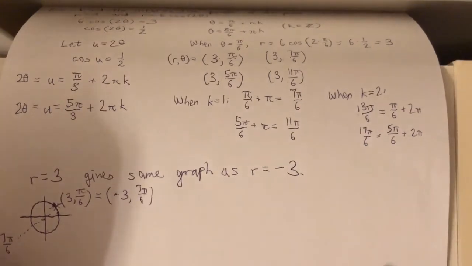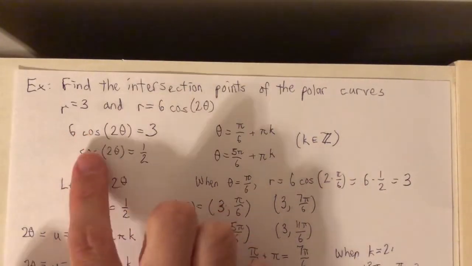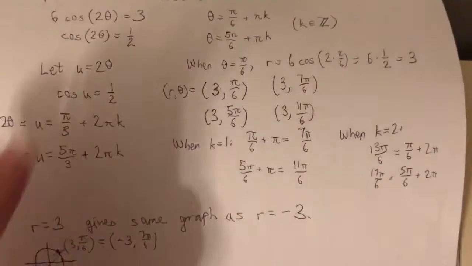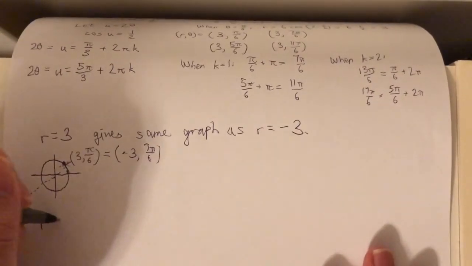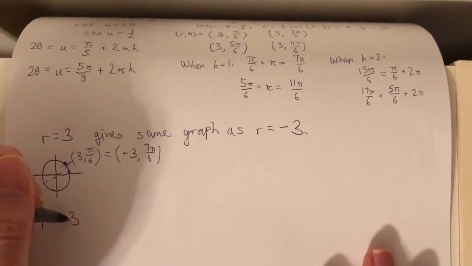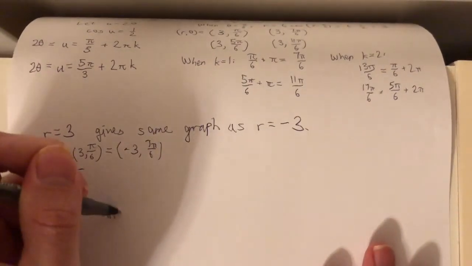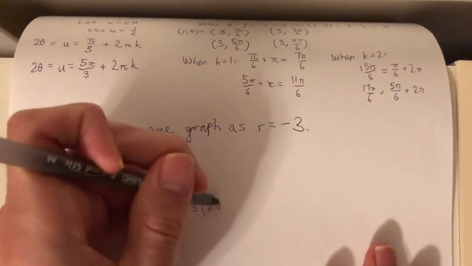So what we're going to do is repeat step 2. We're going to repeat the process of setting the expressions equal to each other, but we're going to do that looking at the circle in a different way here. So I want to look at r equals negative 3 this time, and r equals 6 cosine of 2θ.